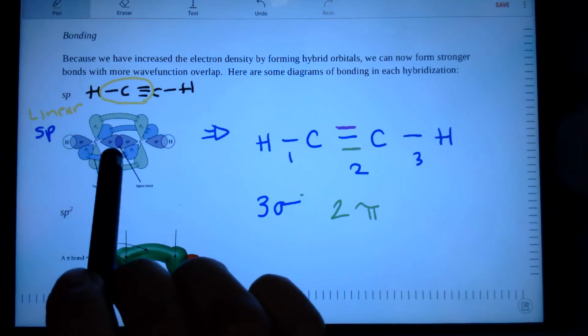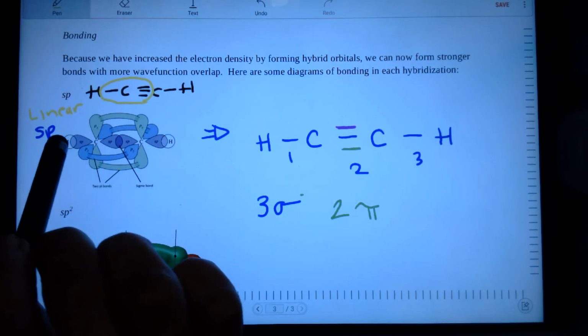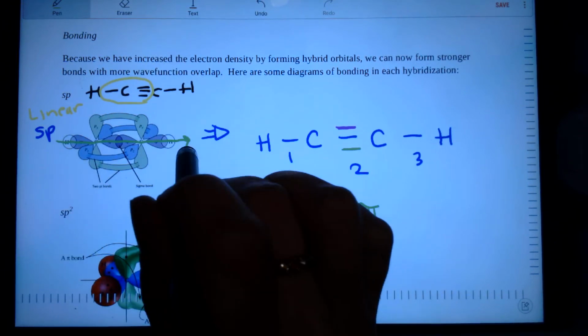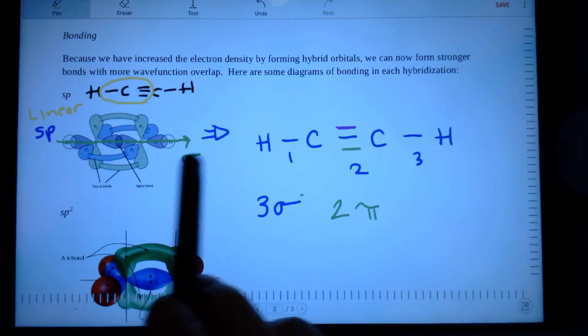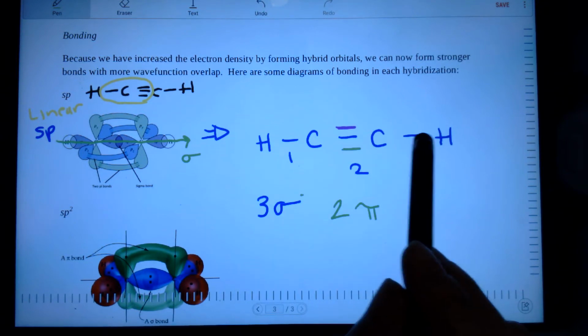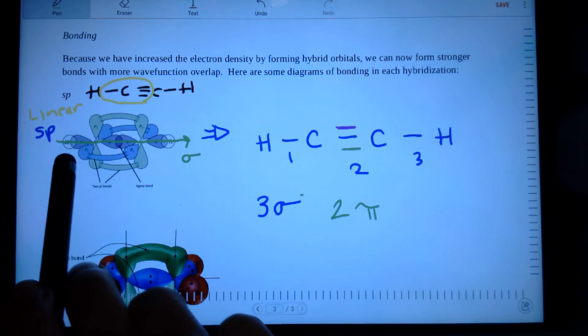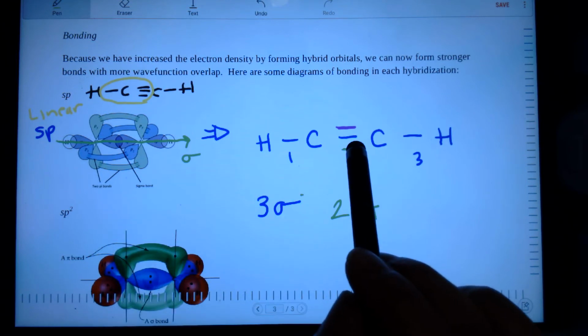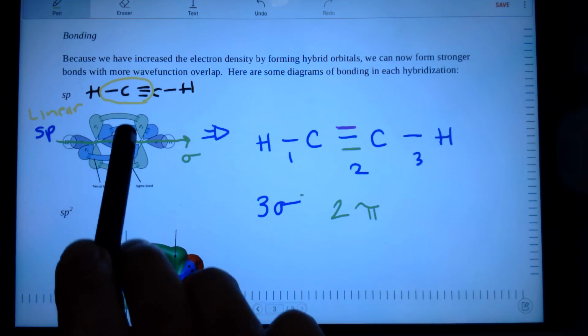Again, the ones where I can essentially just draw a line through this molecule, those are where all of my sigma bonds are happening. The blue ones I have here, and then the pi bonds are perpendicular. Those are what I've drawn in the green and the purple here.